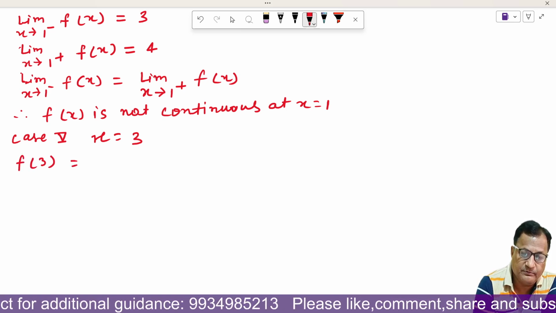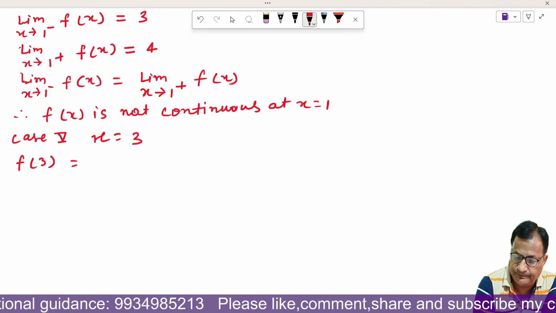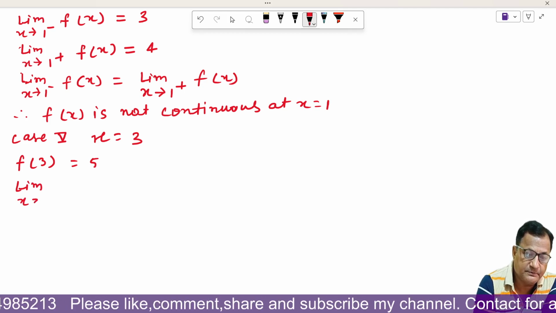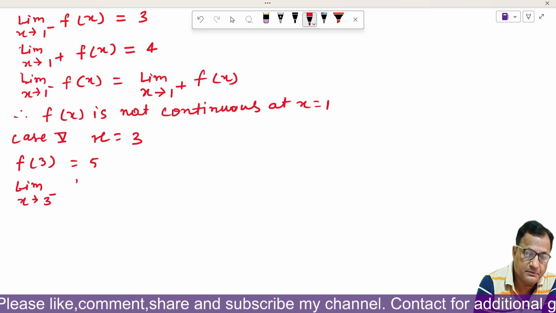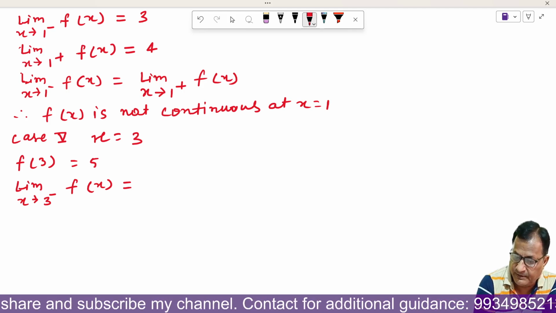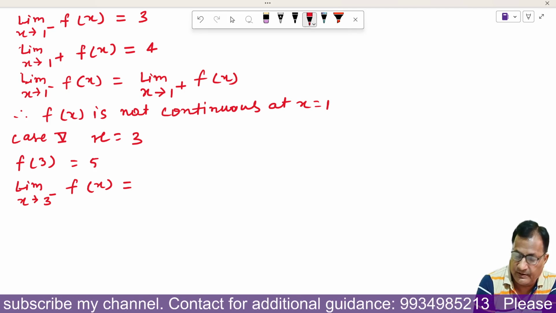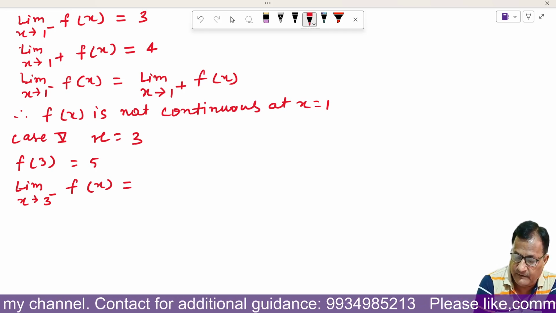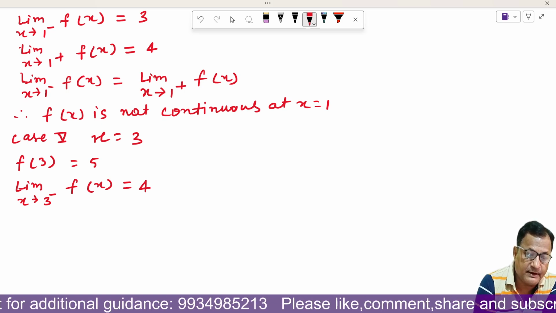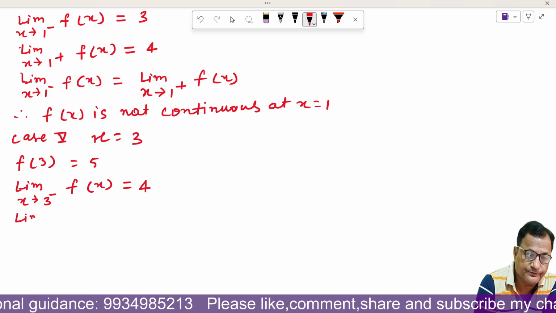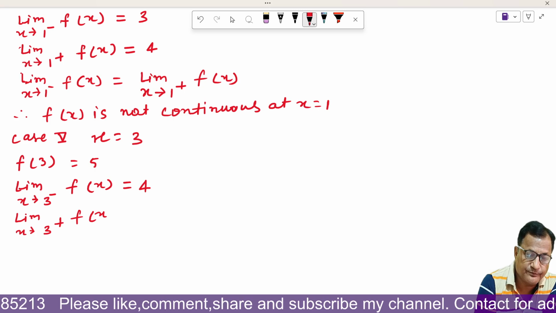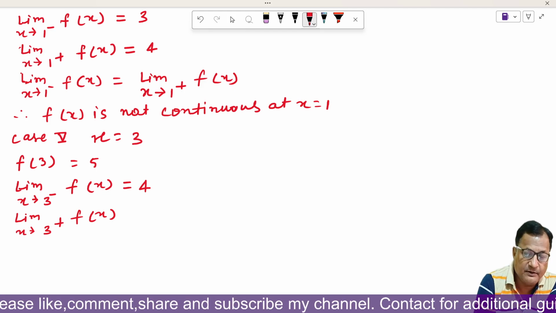So f(3) is equal to 5, and left hand limit, less than 3, so this will be 4, and right hand limit, more than 3, so it will be 5.